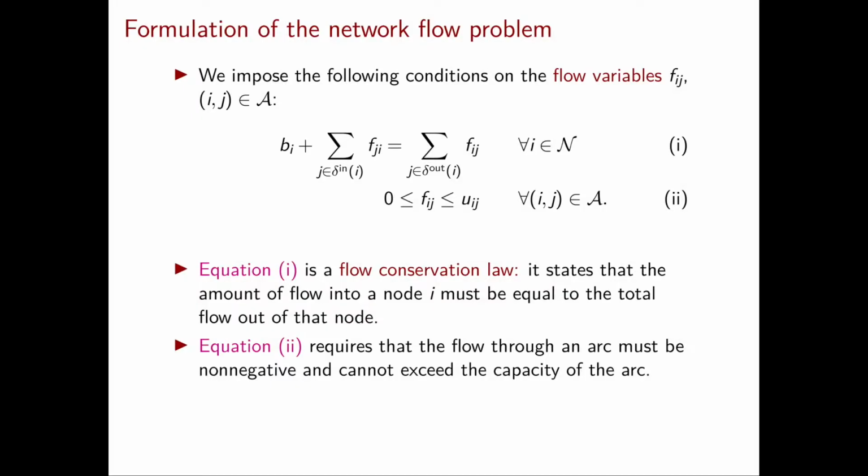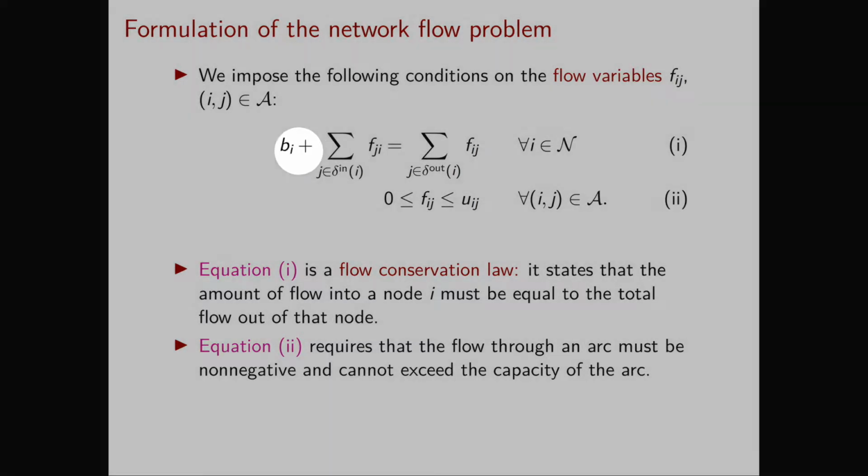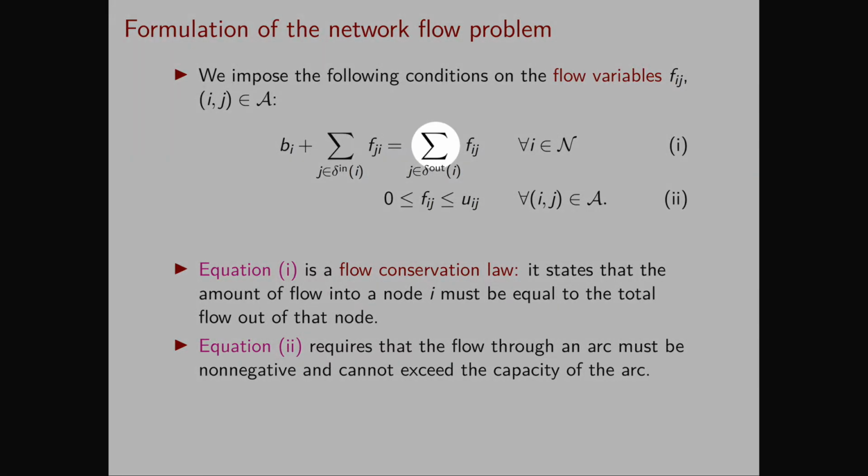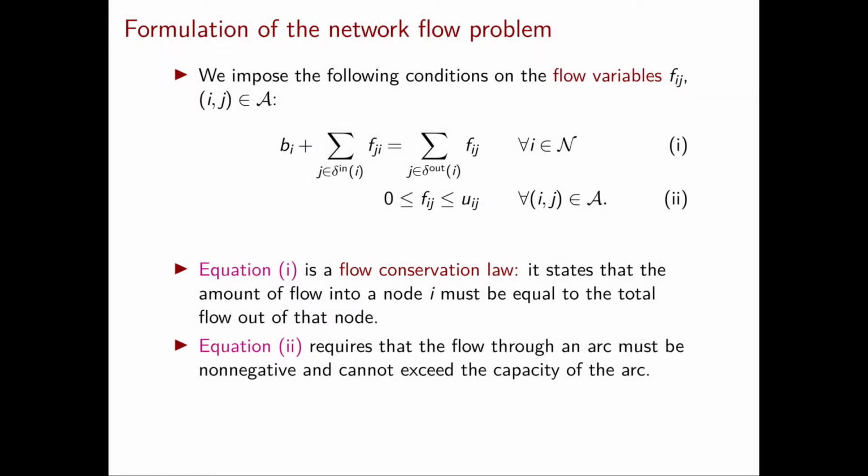We have just seen that B_i is the amount of flow that enters node i from outside the network. So in total, on the left hand of this equality constraint, we have the total amount of flow that enters node i. On the other hand, on the right hand, we have the sum of F_ij for every j in delta out of i. And this is precisely the amount of flow that exits node i while remaining inside of the network.